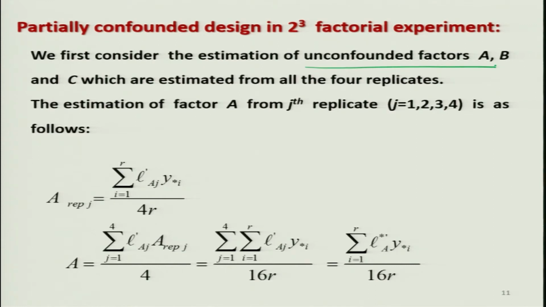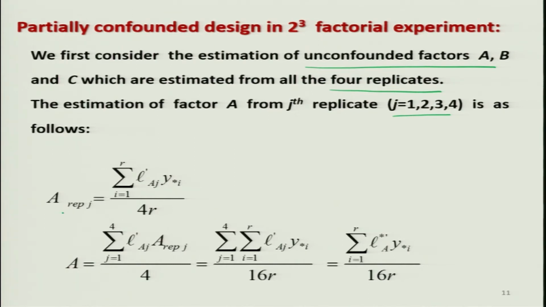So, first we consider the estimation of those effects which are not confounded. There are 3 factors A, B and C which are unconfounded, so they can be estimated from all the 4 replicates. The estimation of the factor A from the jth replicate, where j goes from 1, 2, 3, 4, is as follows. This is exactly on the same line as we have done earlier.